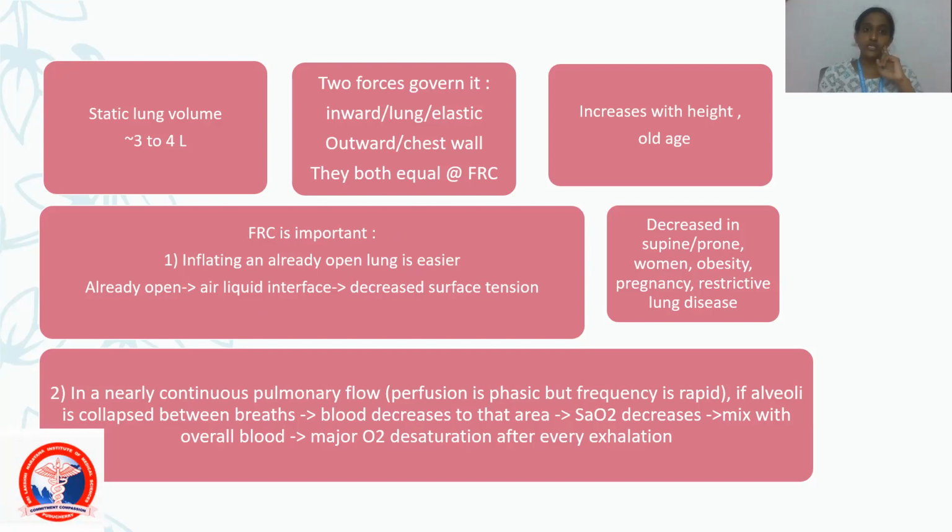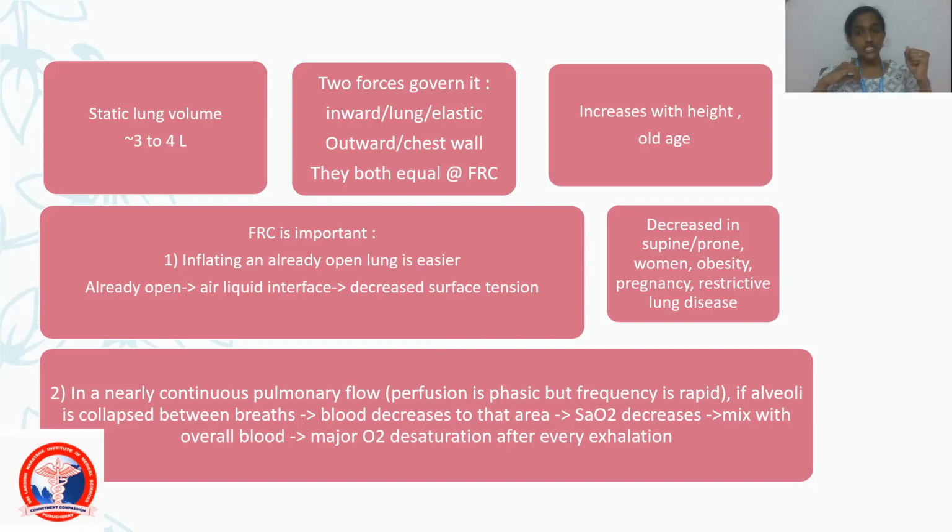The second point: the perfusion, the pulmonary blood flow, is always almost continuous. When the ventilation is interrupted, there are times where the pulmonary blood will leave the lungs without getting oxygen. Whenever the ventilation is continuous and the perfusion is continuous, the pulmonary blood will always carry oxygen from the lungs. It will get oxygenated and then leave the lungs.